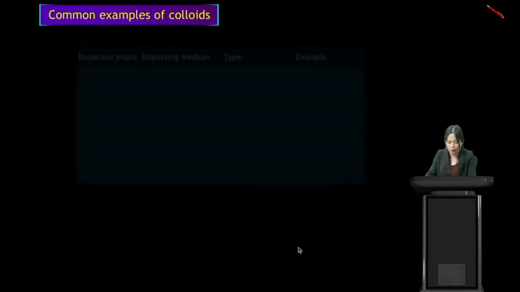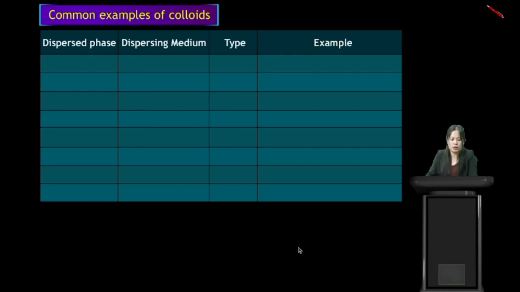Common examples of colloids. Okay, let us see some common examples of colloids. So in colloids we have the dispersed phase, dispersion medium, type and example. So let us see one by one. The first is when the dispersed phase is liquid and the dispersion medium is gas.